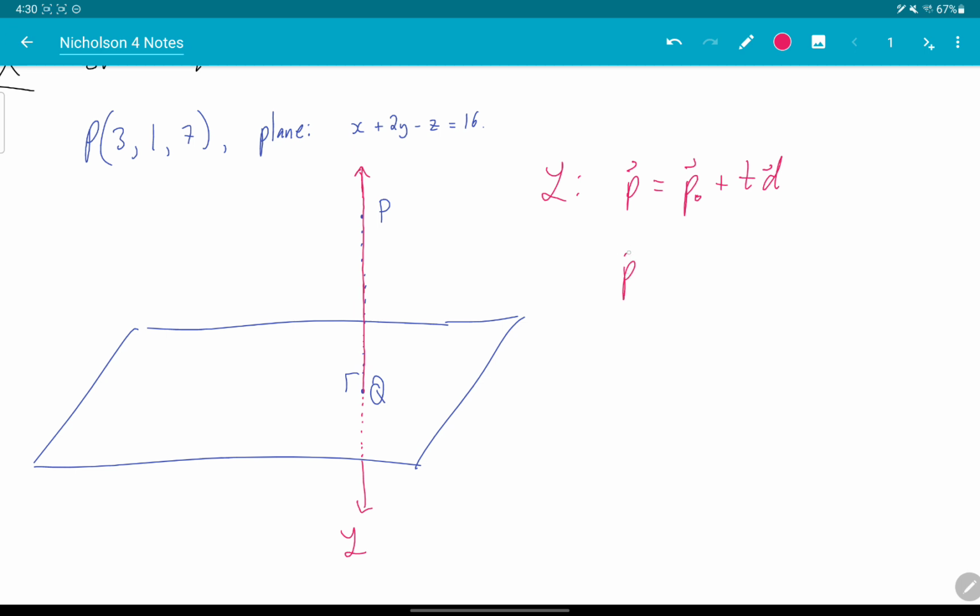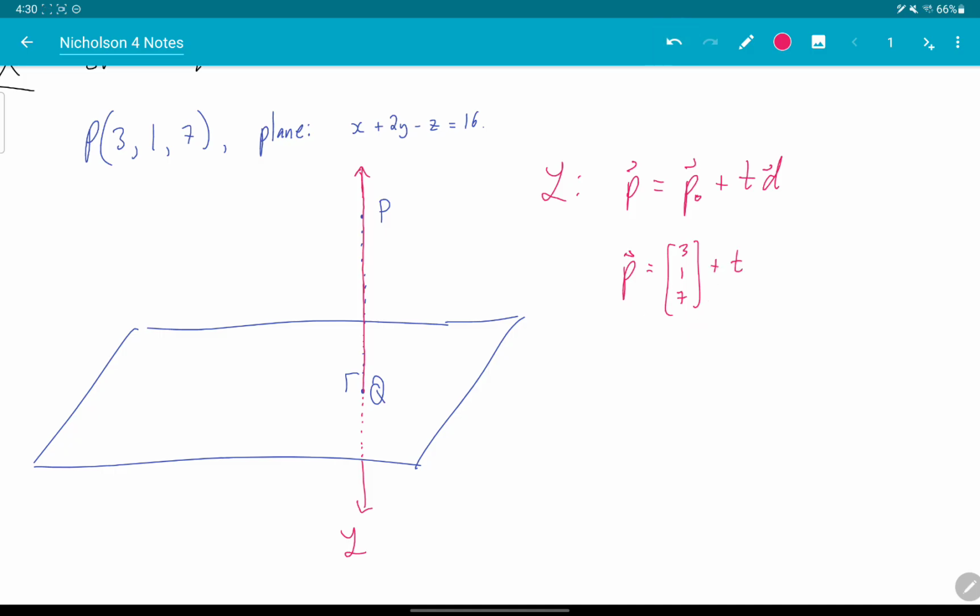Now P0, or P naught if you will, is any point on the line. So I don't have Q, but I do have P, so I'll use that for my P naught, because P naught can be any point on the line, of course, put into vector form.